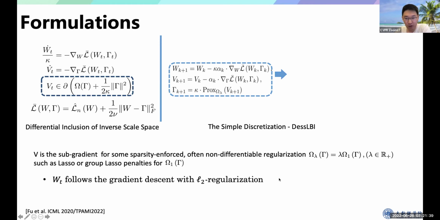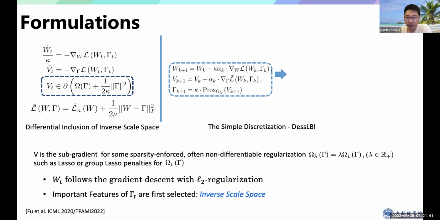Equipped with this, the important features of gamma_t are easily selected first. Also, it enjoys a simple discretization version. We call it DessiLBI.